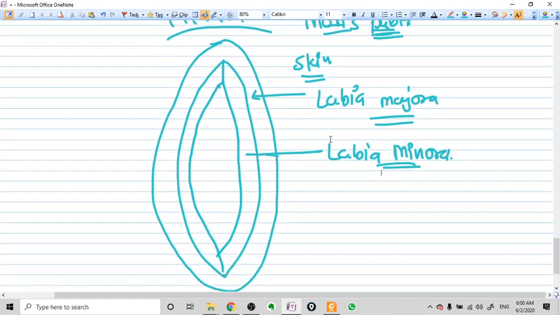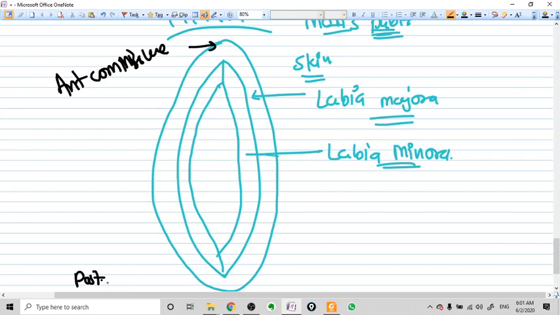So if we talk about labia majora, anteriorly both labia majora join and make the anterior commissure, and posteriorly they make the posterior commissure.